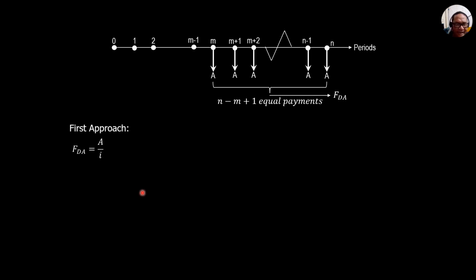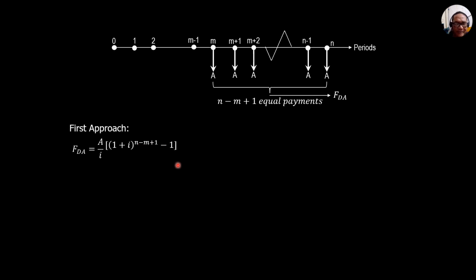Remember, future worth of ordinary annuity, A over i, quantity 1 plus i to the n, then minus 1. So in this case, because there will only be n minus m plus 1 equal payments, you just replace n by that formula.